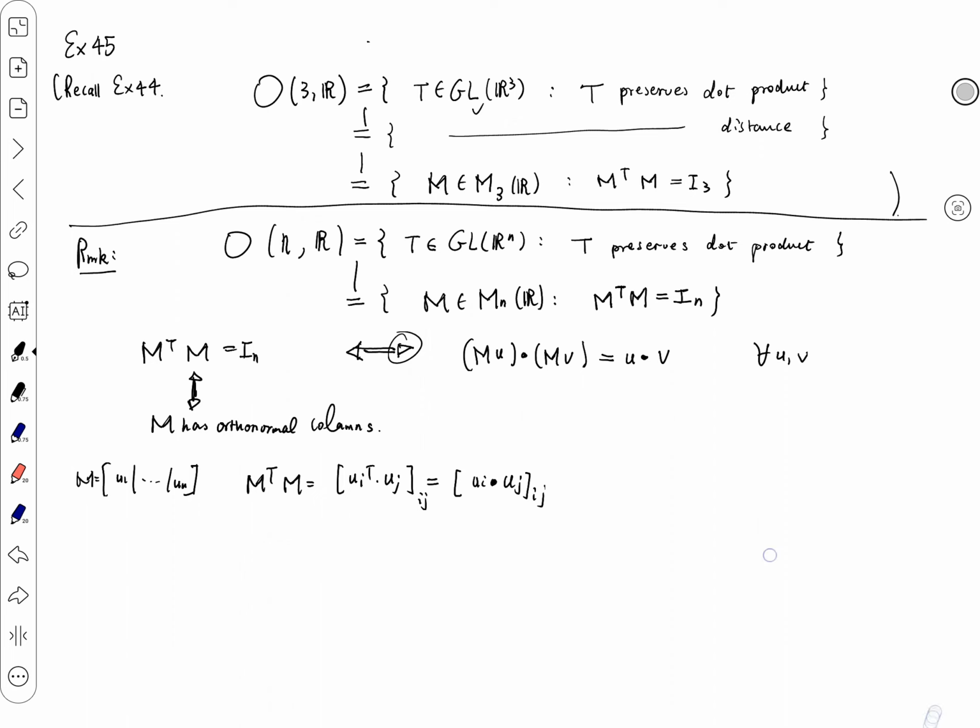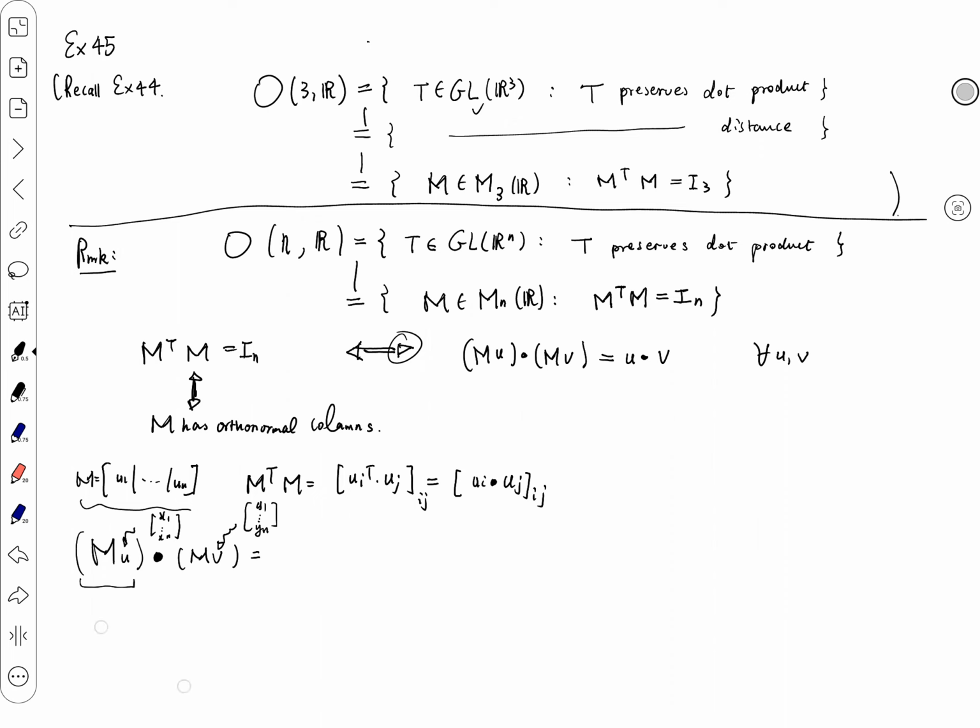So suppose your M is like this. Let's write u in its coordinates as x1, x2, xn, and then take the dot product with Mv, where v has coordinates y1, y2, yn. By linearity, first you compute the matrix multiplication.